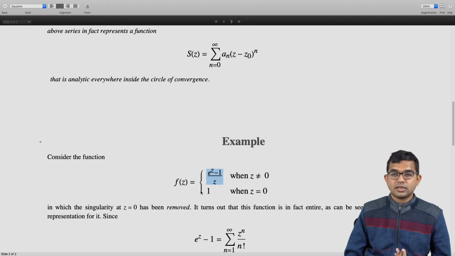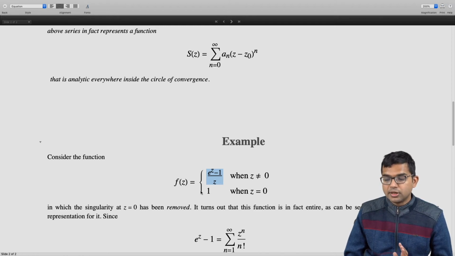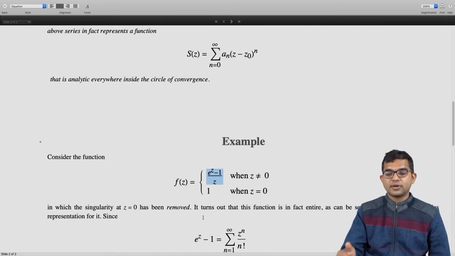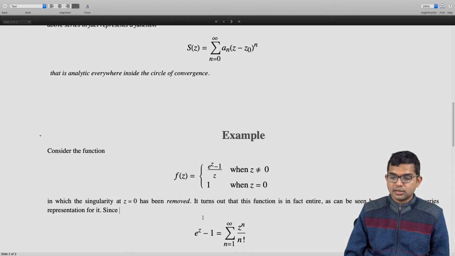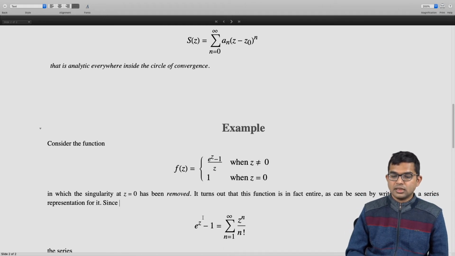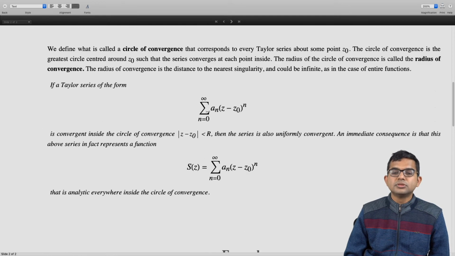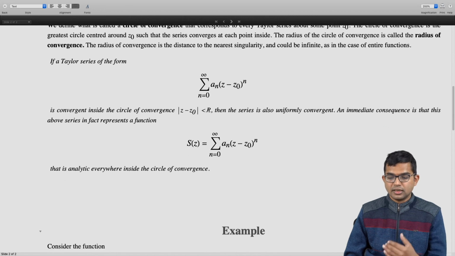You say that there is a removable singularity, and that singularity has been removed, right? So it turns out that, in fact, this function defined in this manner is actually an entire function, as can be seen by writing down this series representation, and then just using the arguments which we just presented earlier, right?